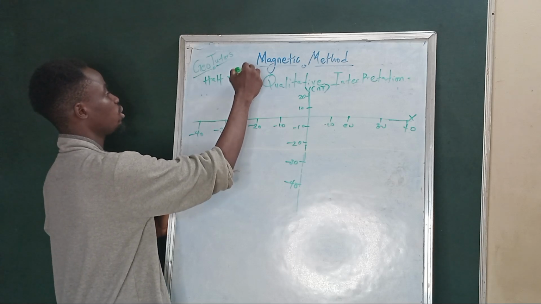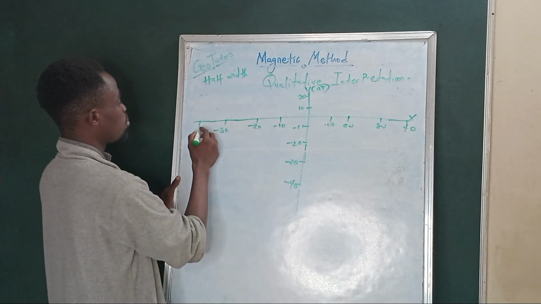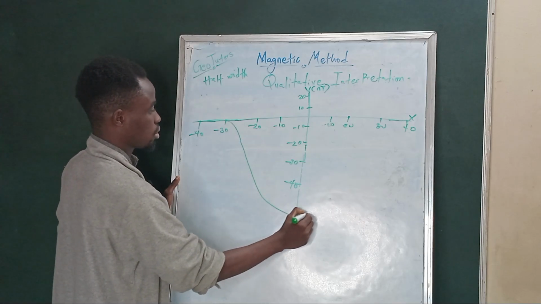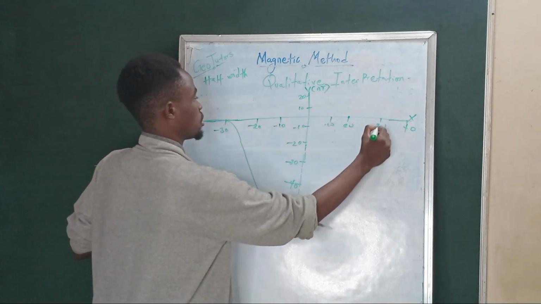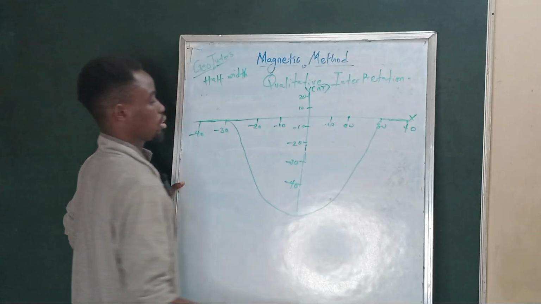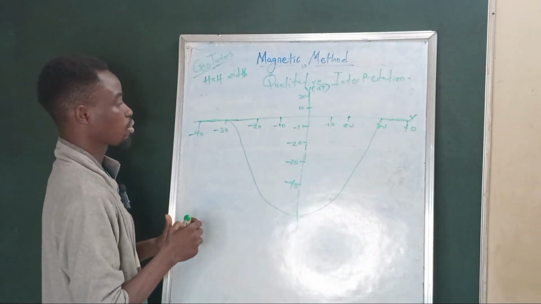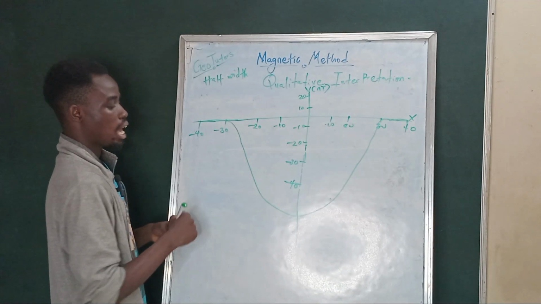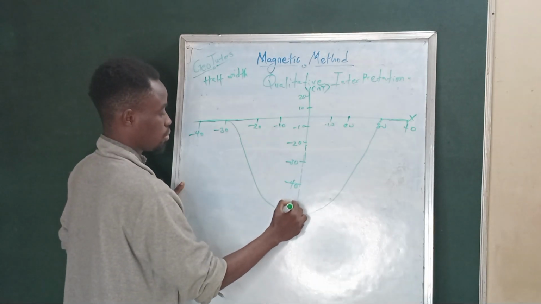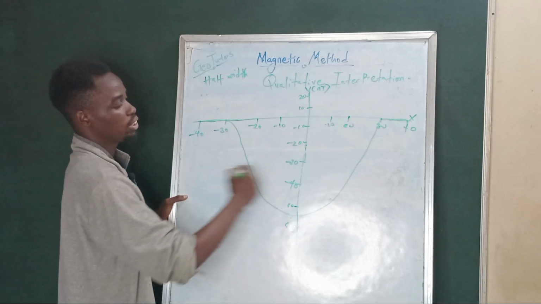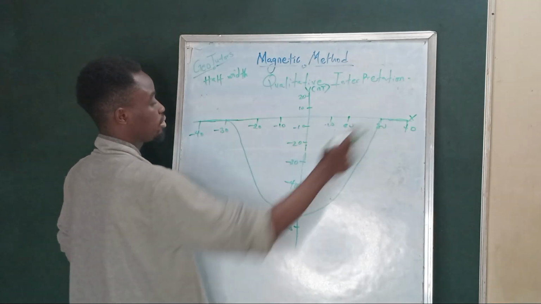Now just imagine that the graph that we plot looks something like this. For us to look for the half width, we have to first find the half amplitude of this magnetic anomaly.